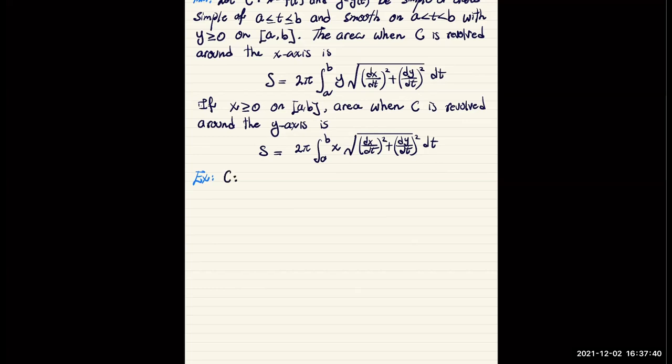Okay, so the parametrization for a circle of radius a is again x equals a cosine t and y equals a sine t. Again, here a is positive, and the t here goes from 0 to pi.